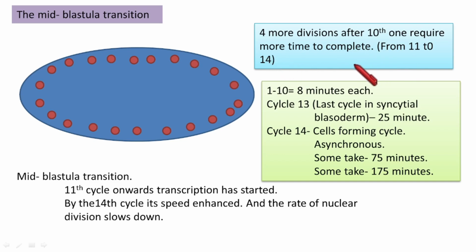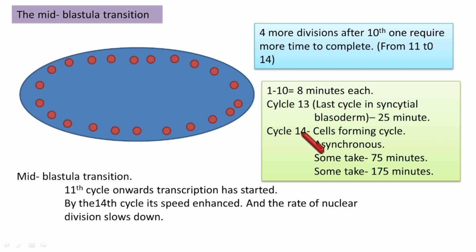So we are going to see the time requirement in each cycle of nuclear division. From the first division up to the 10th division, it requires 8 minutes each. Cycle 13 is the last phase for the embryo to be a syncytial blastoderm, and it requires 25 minutes to complete.